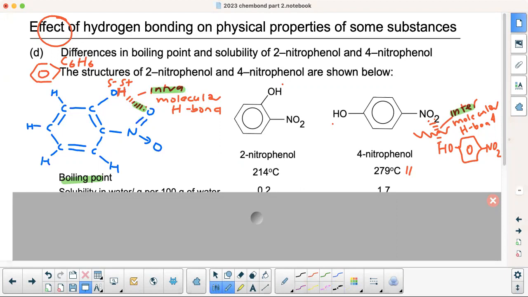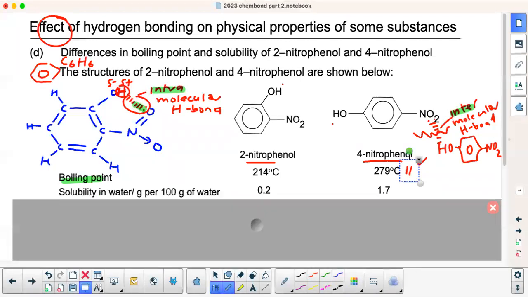Ali? Again, if you form intramolecular hydrogen bond, this H cannot form intermolecular H bond. So which molecule will have more extensive inter? And that's the answer. Okay, this guy will have more extensive intermolecular H bonds.